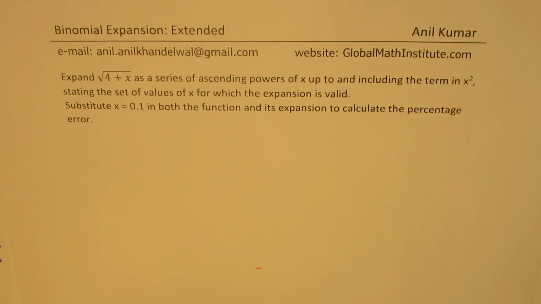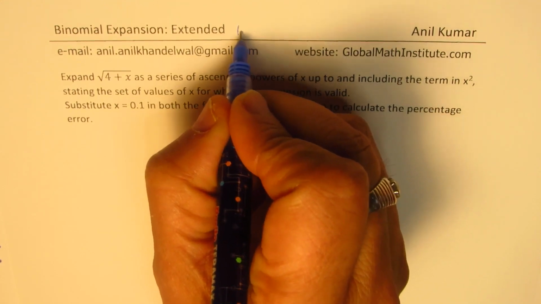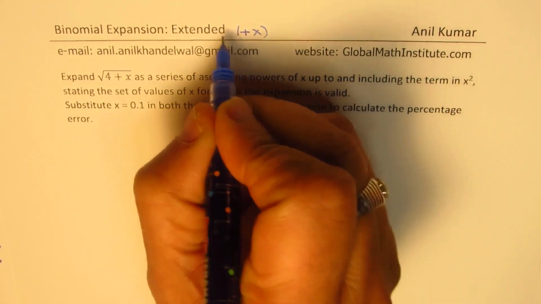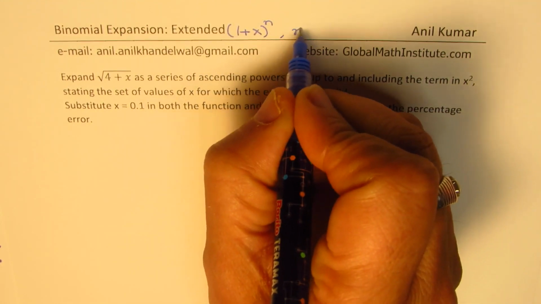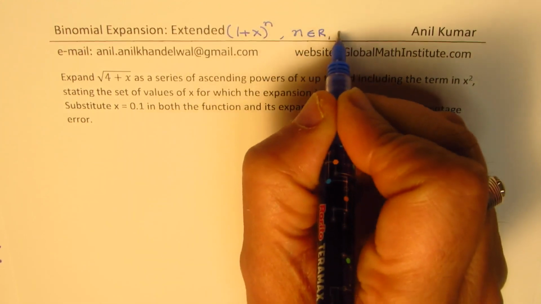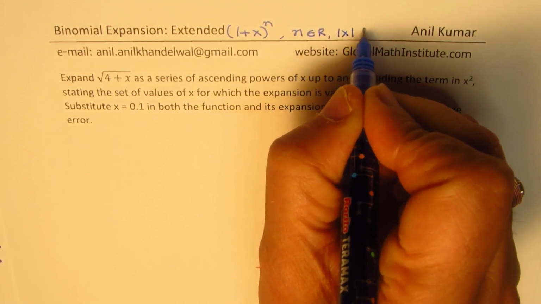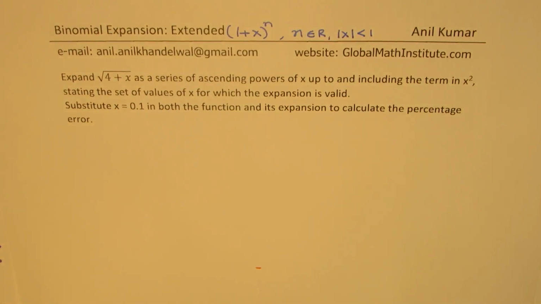We are now looking into the binomial expansion extended form. Which really means that we are now in a position to expand 1 plus x to the power of n, where n could be any real number and the absolute value of x should be less than 1, so that we have a converging series, right? That's the reason.